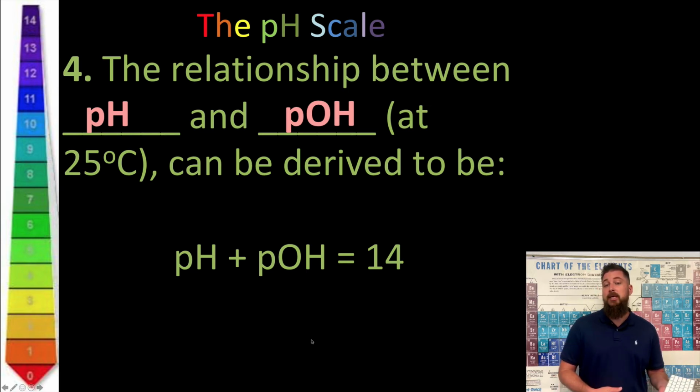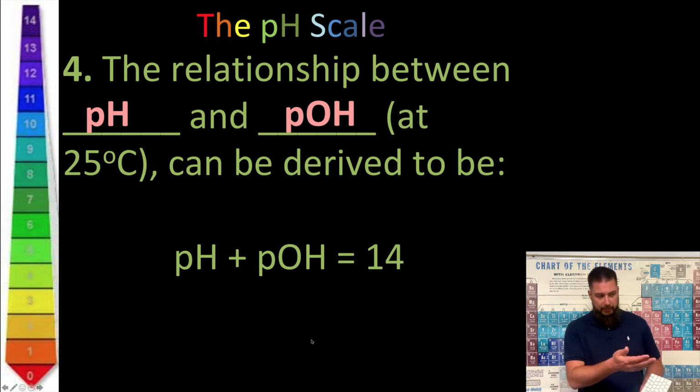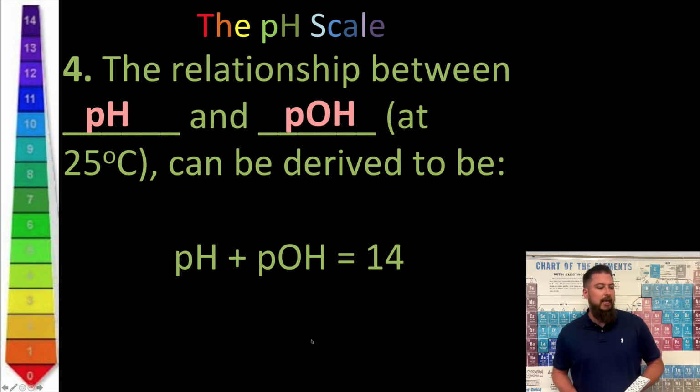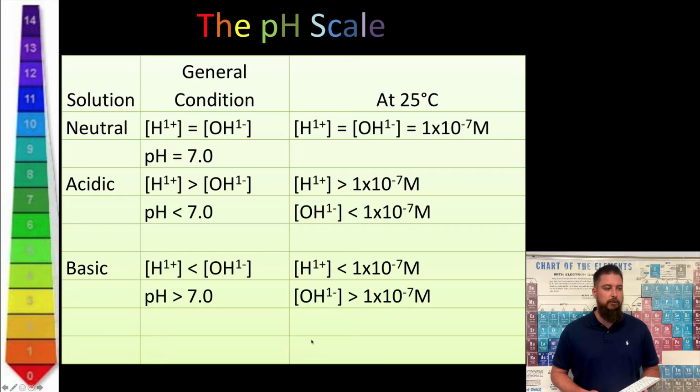If we have a pH of 8, that means we have a pOH of 6. This will always be true at 25 degrees Celsius, that the pH plus the pOH will equal 14. And we'll be using this a lot in the problems that we're going to be doing.